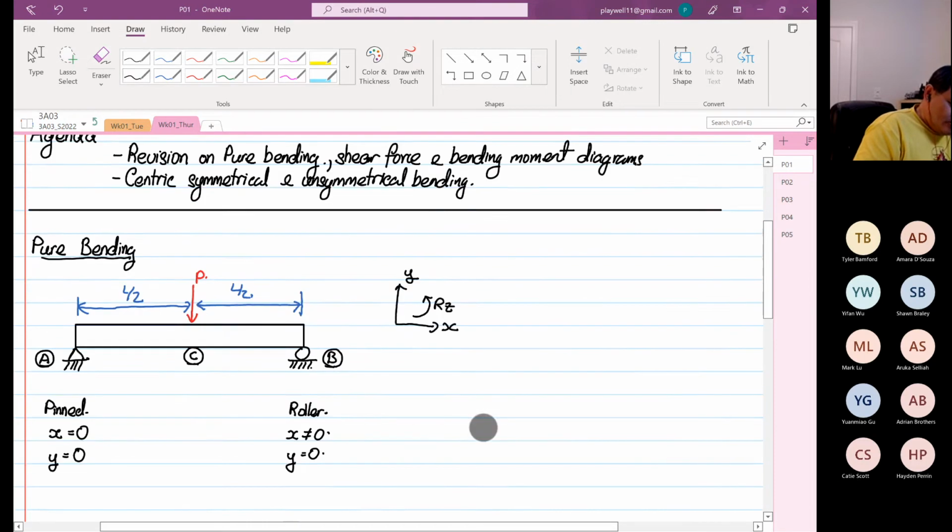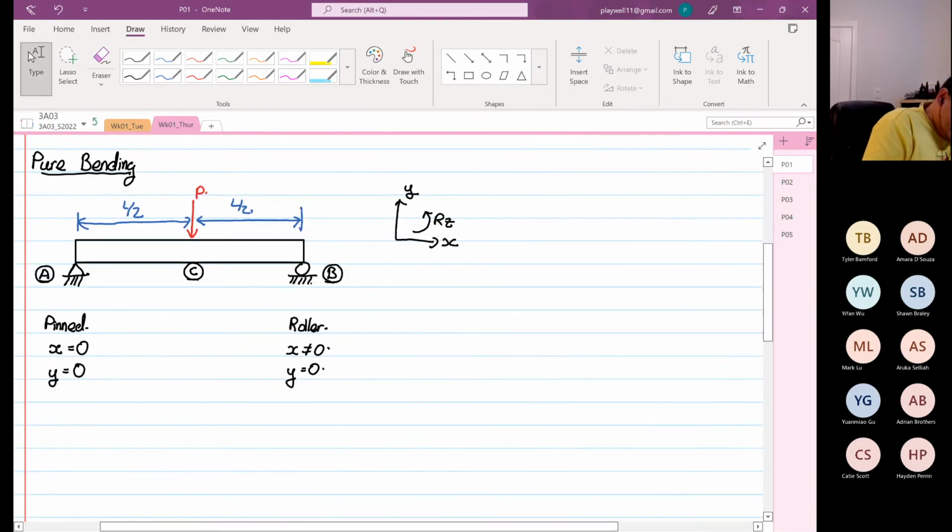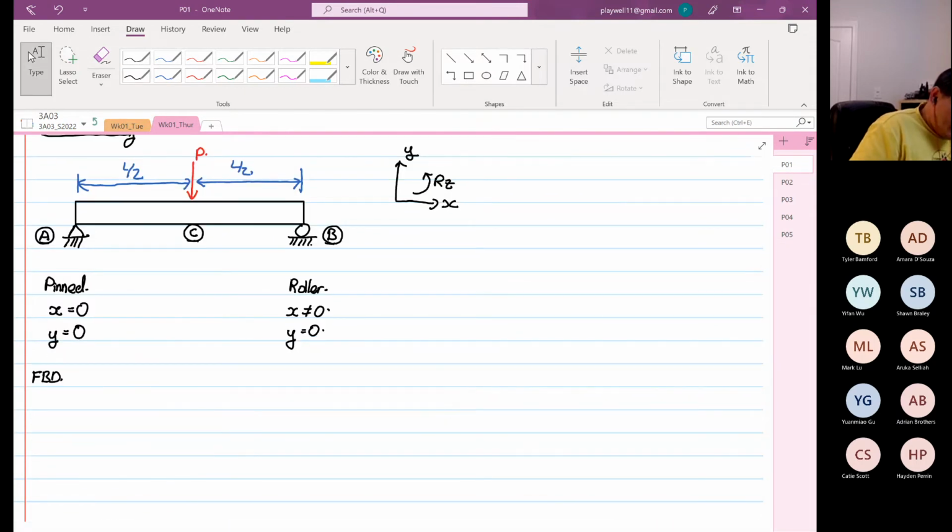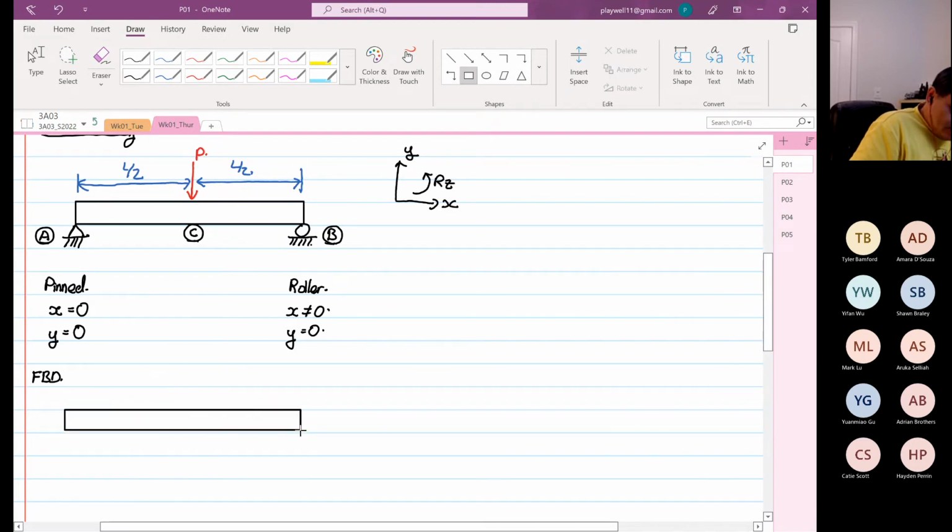So when we construct our free body diagram, we are aware that over here is where our P is.